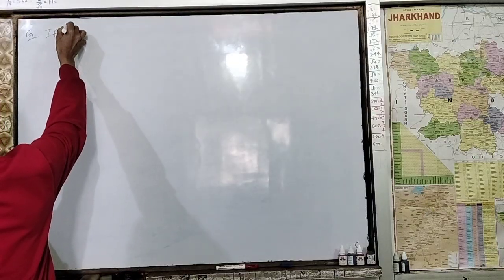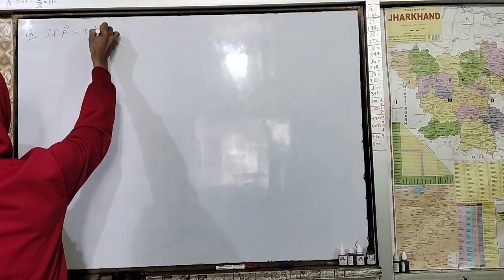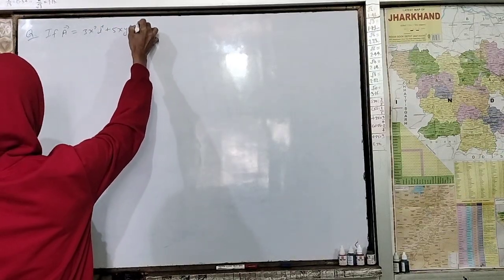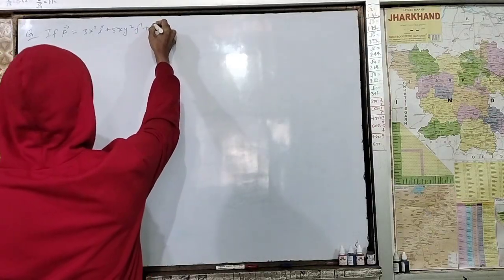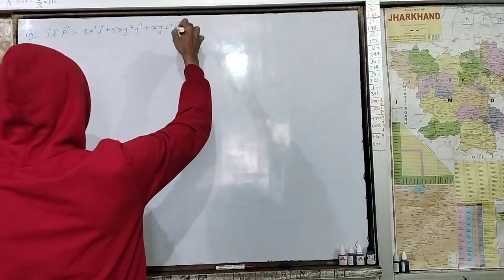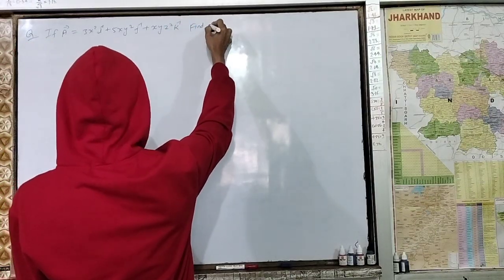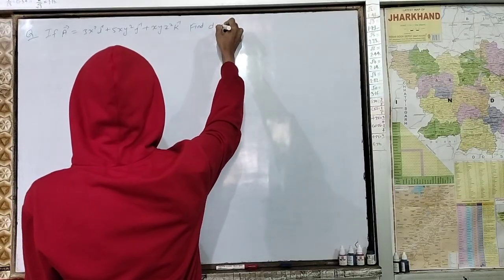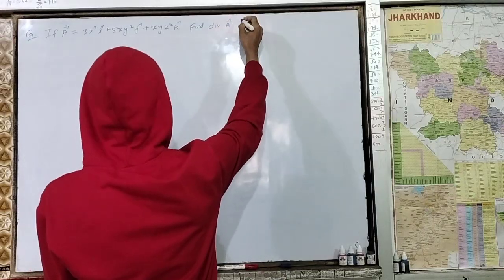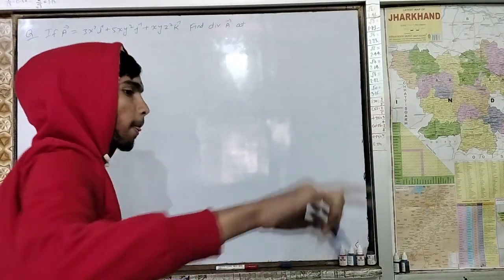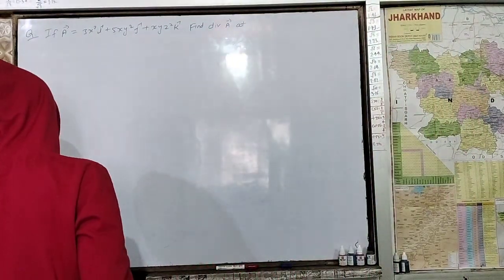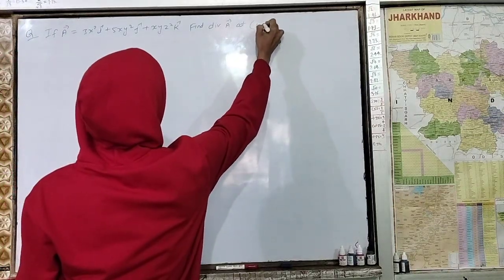If the vector A is equal to 3x square i cap plus 5xy square j cap plus xyz square k cap, then find the divergence of the vector A at the point with coordinates 1 comma 2 comma 3.